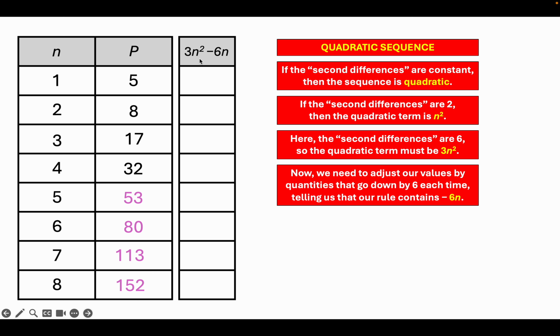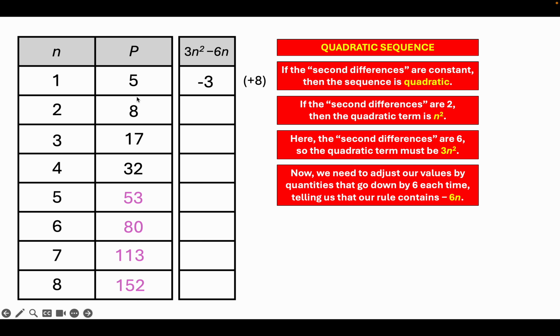So I'm going to try it with a rule that says 3n squared minus 6n. So for the first one, 3 times 1 squared minus 6 times 1 is minus 3. Now minus 3 isn't the number we want because we want to actually get a 5. So to get from the minus 3 to the 5, we'd need to add 8.